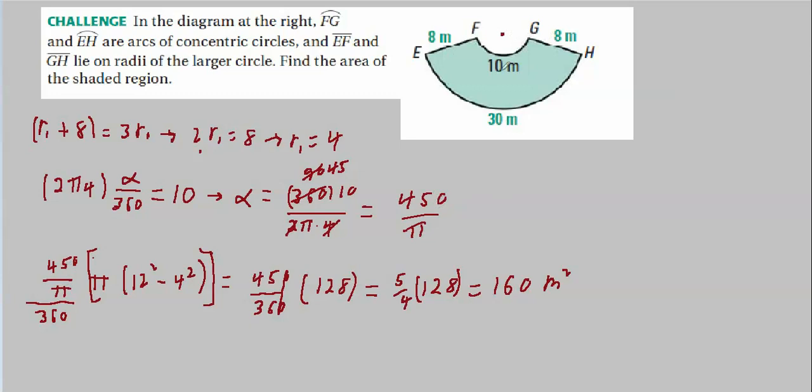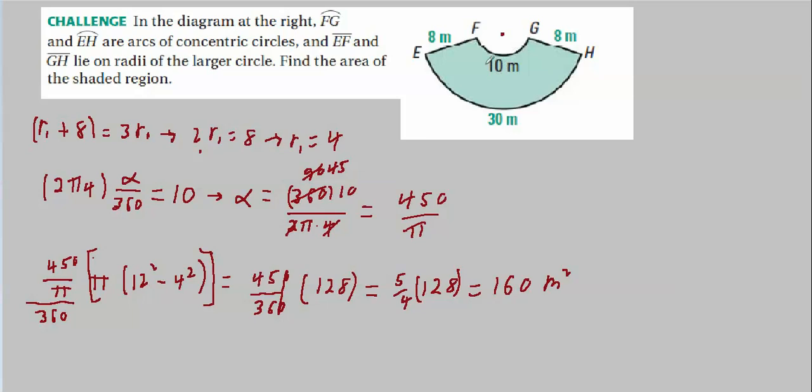So this problem looked a little tougher than it really was. The important thing to spot was that our arc lengths change linearly with our radii. In other words, they move right along with it. You double the radius, you double the arc length. Cut the radius in half, you cut the arc length in half.